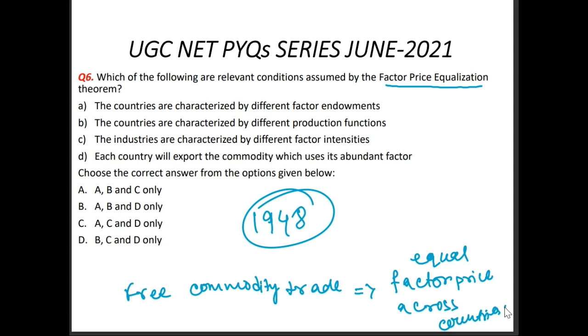That is, without any international migration of labor and movement of capital, workers will earn the same wages and capital will earn the same returns everywhere. अगर हमारा जो कमोडिटी है वो फ्री ट्रेड करता है तो हमारा जो फैक्टर का प्राइस है, वेजेस एंड रेंट, वो भी इक्वल हो जाएगा.